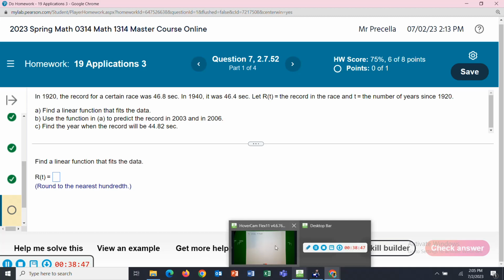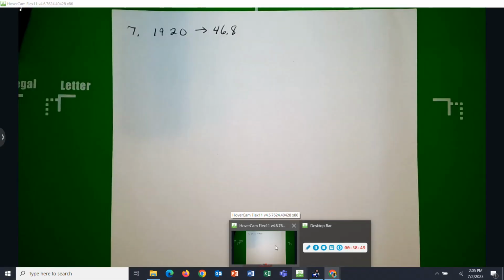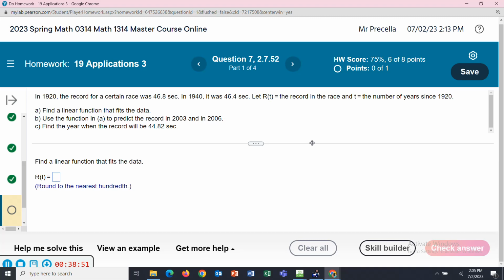See, I'm just sort of writing it out like that. In 1940, the record was 46.4 seconds. Notice it's getting faster. T is the number of years since 1920.